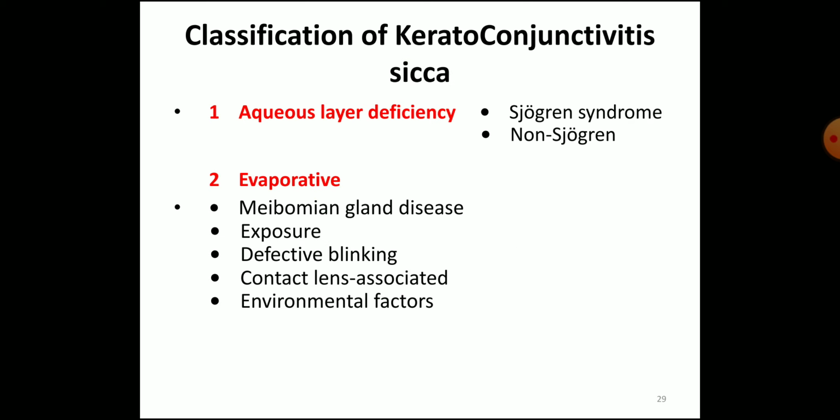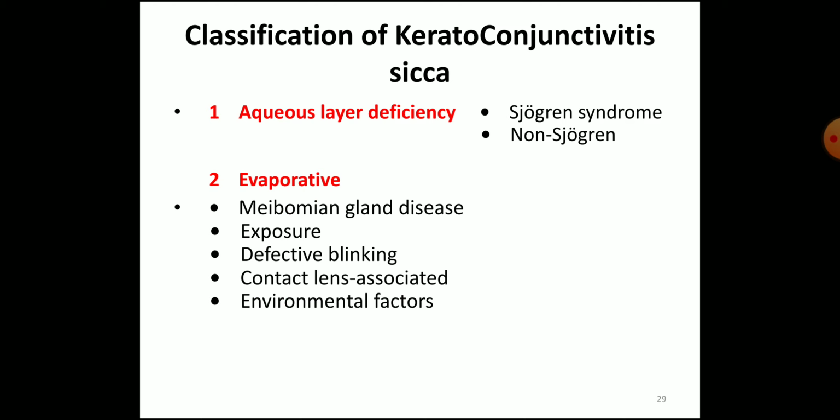Now classification of keratoconjunctivitis sicca. There are two types, aqueous layer deficiency and the evaporative. Aqueous layer deficiency is Sjogren syndrome and non-Sjogren type. Then evaporative, that is meibomian gland disease, exposure type, defective blinking, contact lens associated, and environmental factors. So these are the causes for evaporative type of keratoconjunctivitis sicca.